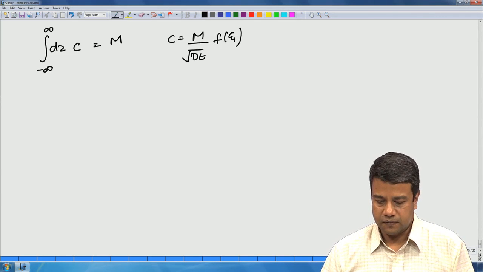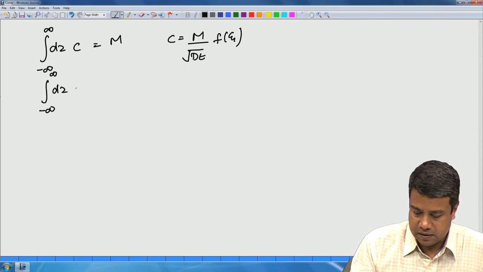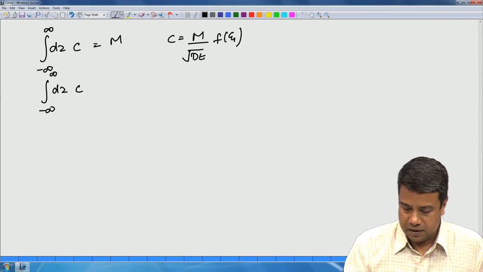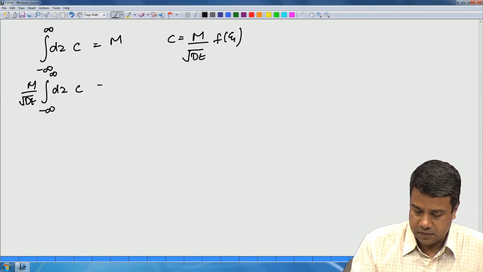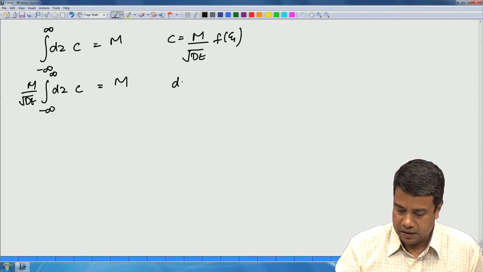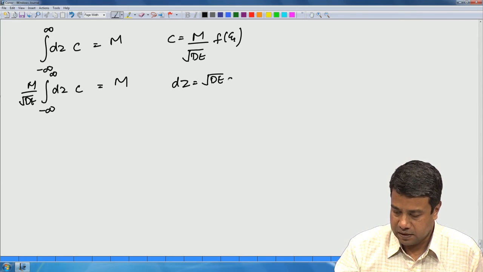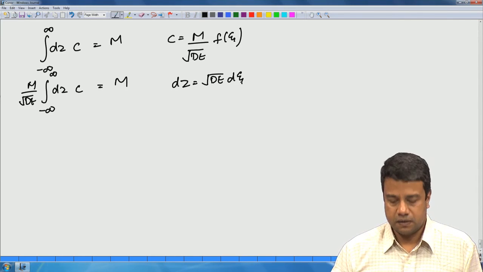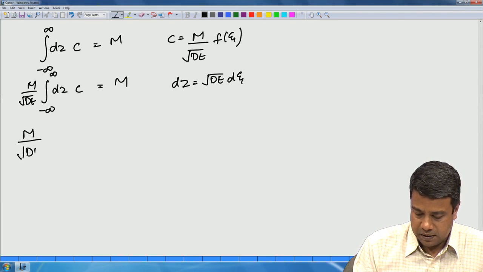Therefore, if I convert now, I will get integral minus infinity to infinity dz c, m by root dt is equal to m. Converting dz is equal to root of dt times d psi, I will get m by root dt.